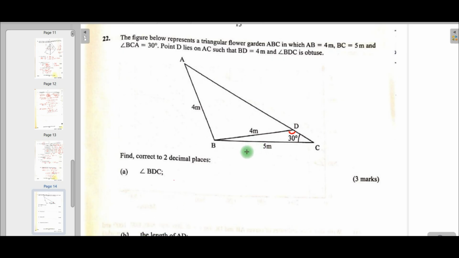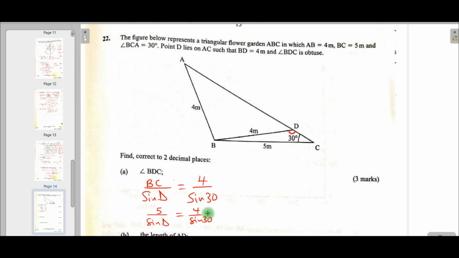Side BC is 5, over sine D, is equal to BD, which is 4 cm, over sine 30 degrees.